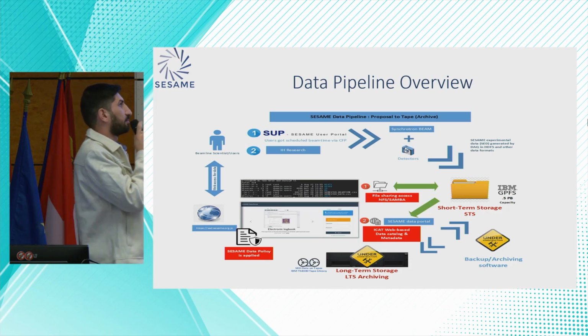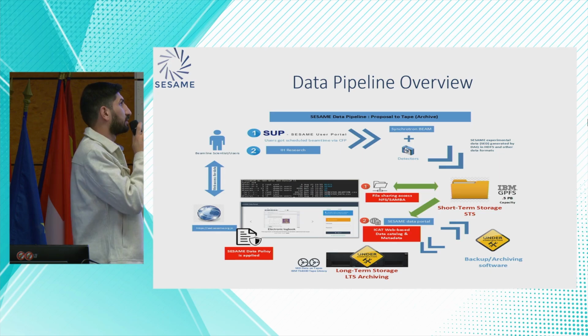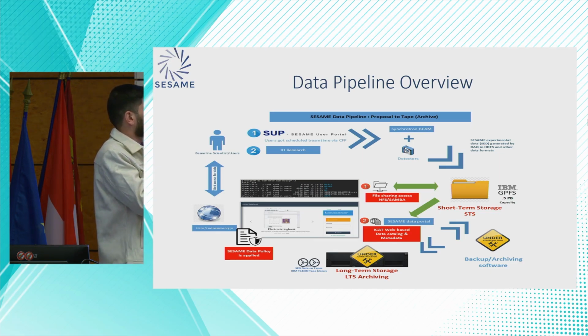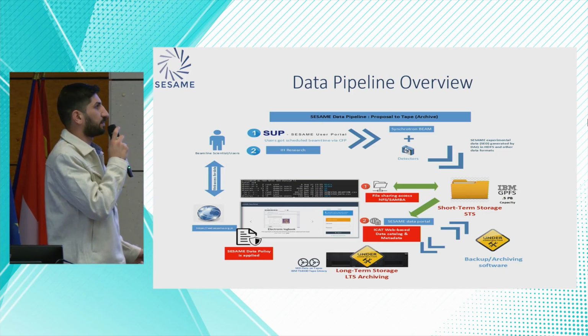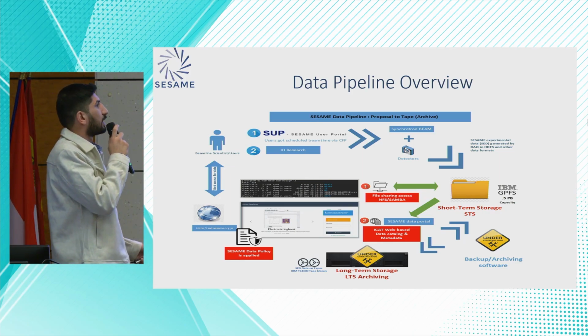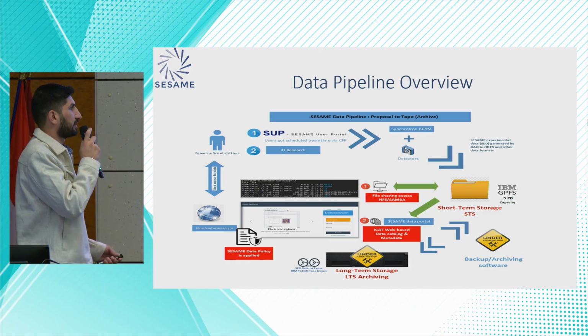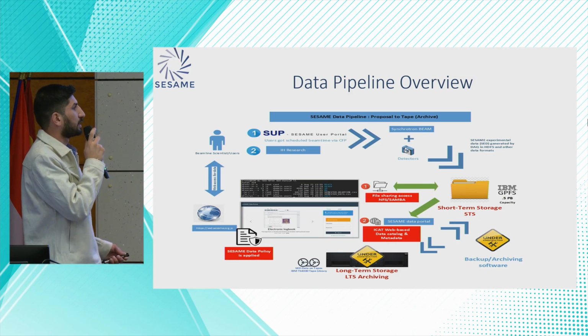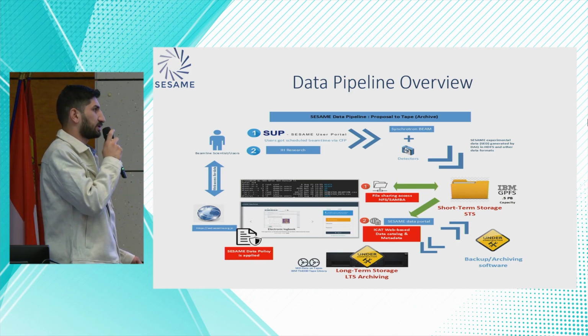Then, if the beam time and the proposal are accepted, they go to the synchrotron beam and detectors, etc. There is something we call IBM GPFS short-term storage, STS, taking the data from acquisition. Then there is file sharing access, NFS and Samba. Here we have backup and archiving software, which is under construction.